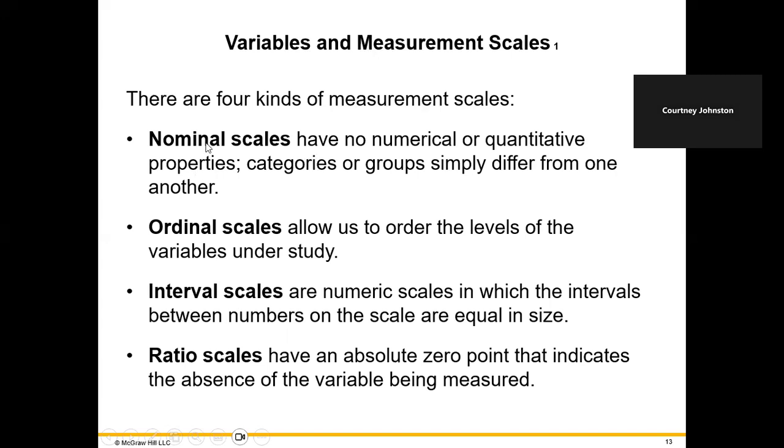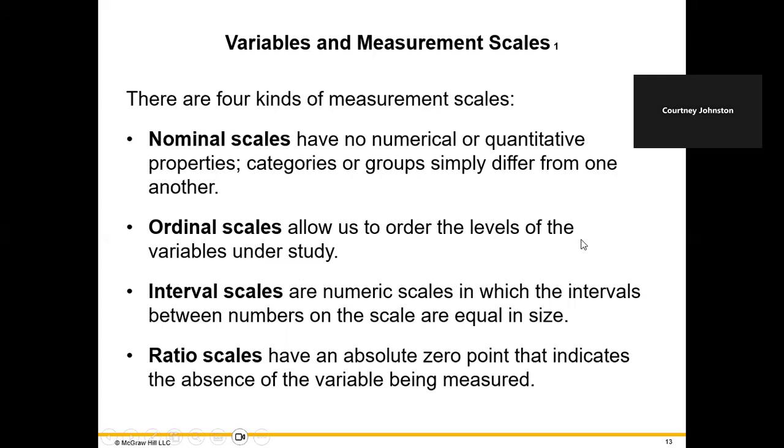And just a couple of examples here. Nominal scales, this would be like gender, if you were to use just 2 genders, male, female; you may also include more genders as well. Ordinal scales, this would be like education levels. So does somebody have less than a high school education, college degree, graduate degree?